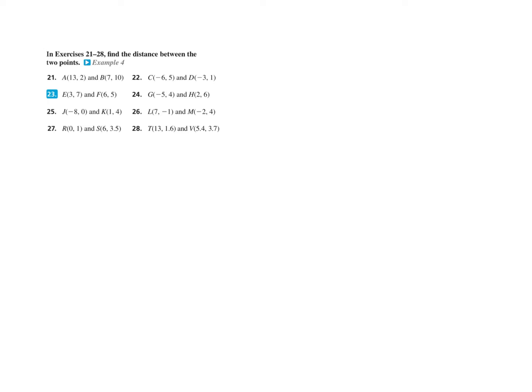Find the distance between the 2 points. Okay, so on 21, what you're looking for is if they have an x and a y that are the same values, same x's or the same y's. And on 21, they're not. So the only way to do this is to use the distance formula. Distance formula is the square root of (x minus x) squared plus (y minus y) squared.